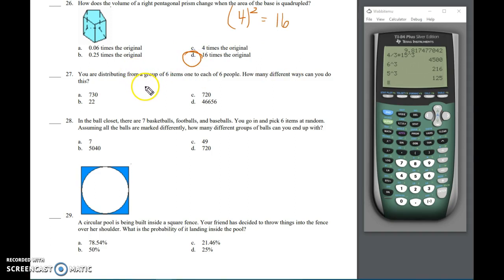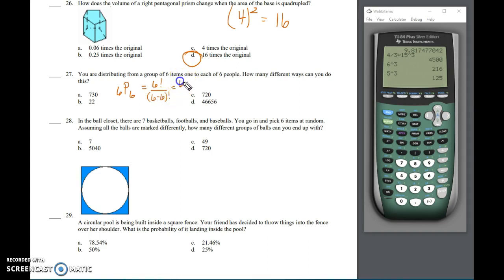You are distributing from a group of 6 items, 1 to each of 6 people. How many different ways do we do this? Yes, statistics, probability. So this is a permutation because order matters. So I'm going to have 6 permutated to 6, which means I'm going to have 6 factorial over 6 minus 6 factorial.